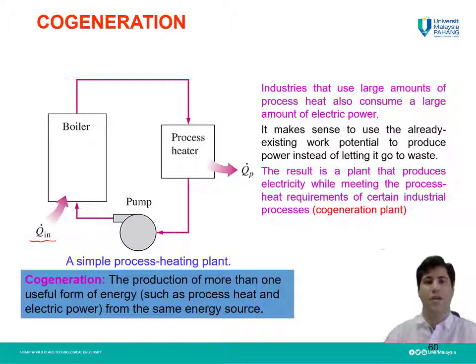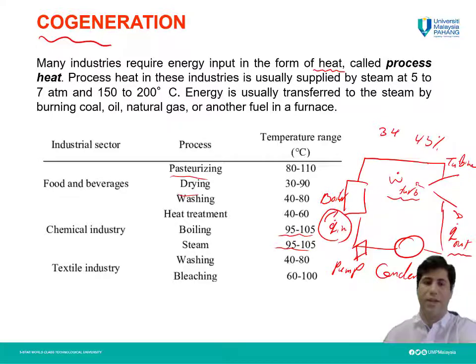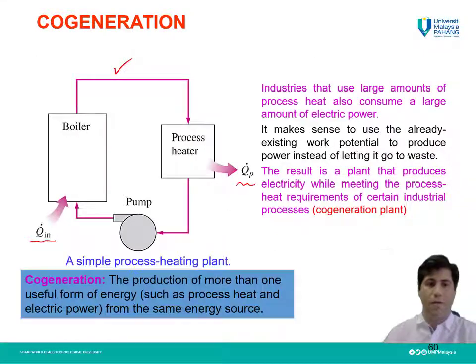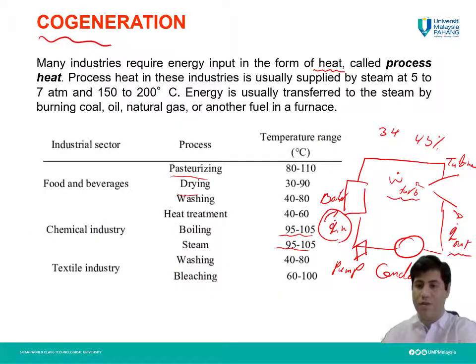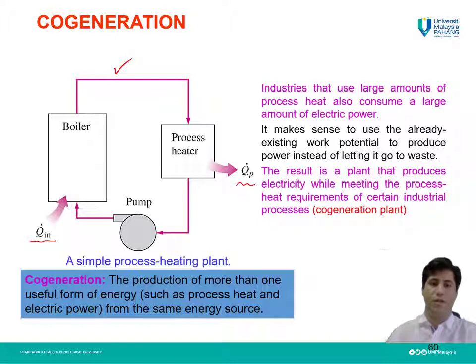Then this increased temperature will go to the process heater, or Q dot P. Q dot P is the process heat, and then the pump. We need this cycle for these purposes, drying and so on. But if we can provide the temperature which we need for the boiler in this process, or directly for the process heater, we can save lots of energy for this cycle. This waste can be input for this cycle.